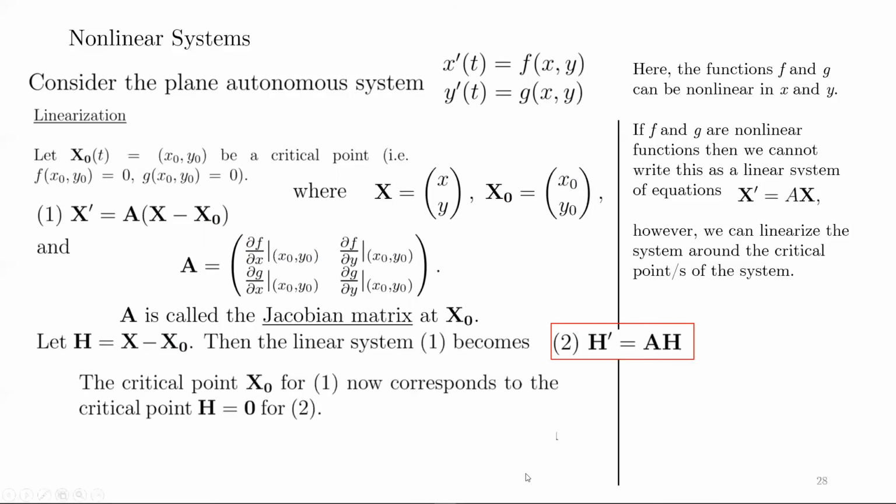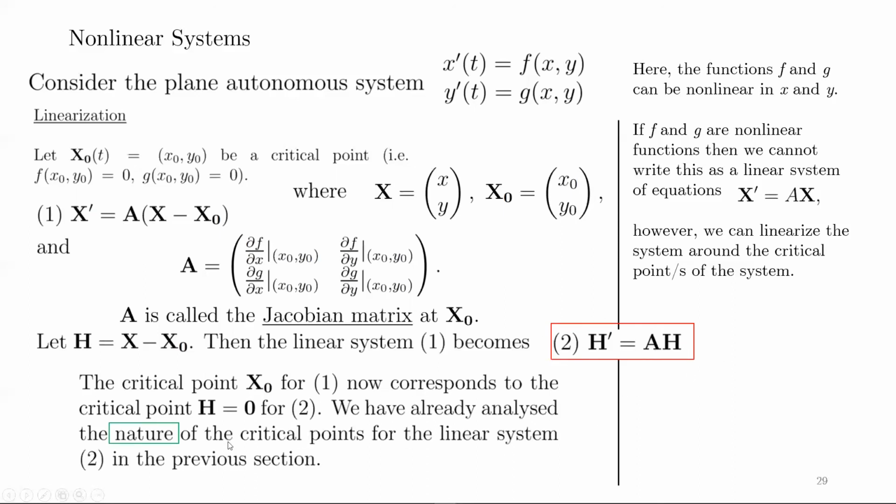So the critical point x naught for system 1 here corresponds to the critical point h equals 0, or the origin, for the second system over here. What that means is we've already analyzed the nature of critical points of these linear systems, so systems that look like equation 2 here.